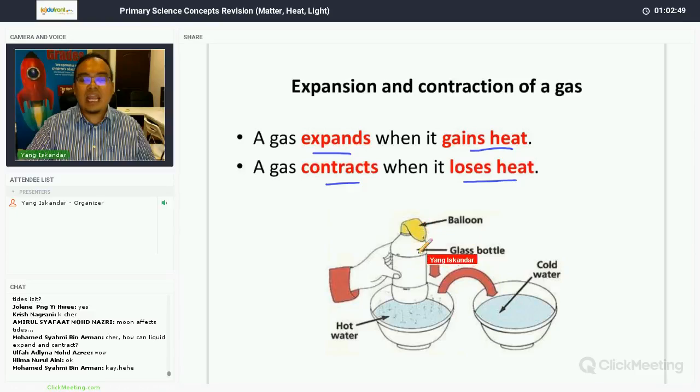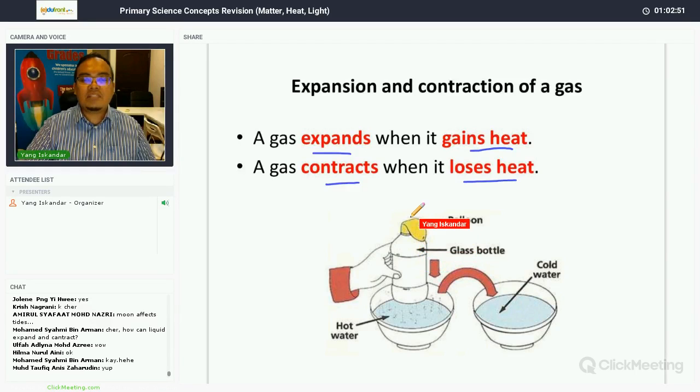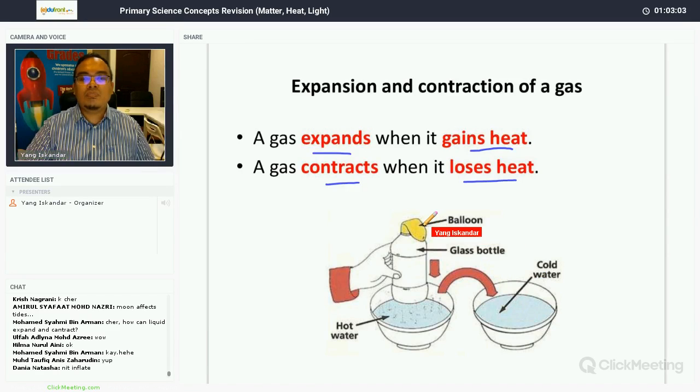Why? Because the air inside the glass bottle expands, causing the balloon to be inflated. But if you put the inflated balloon into cold water, the opposite happens. The air will lose heat and contract, and you can see the balloon will be deflated. Okay?